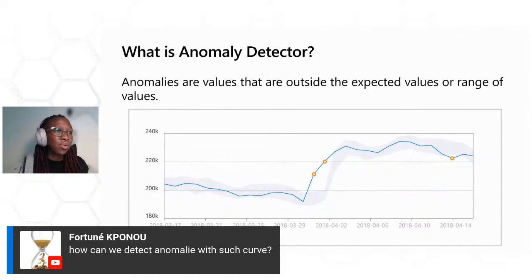It might be due to a reasonable reason, like inflation during that period, so sales weren't as good. But it might also be a red flag. Probably there's something wrong with the production system, and you have to check on it. So that's how you're able to detect the anomalies in such a curve.